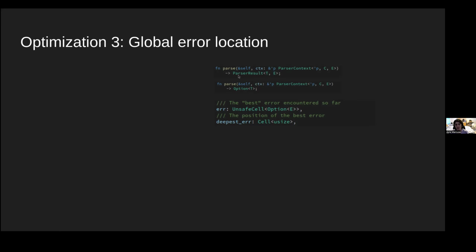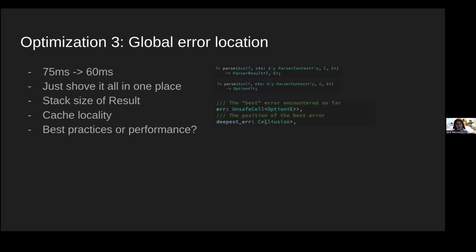And the only difference is that we're no longer returning any error. We are only returning optionally the success value. And that means we're marking whatever errors happened in this context object in a single variable, which is here. We are storing it in an unsafe cell, which again, kind of bad practice. And we are storing the position of that error.